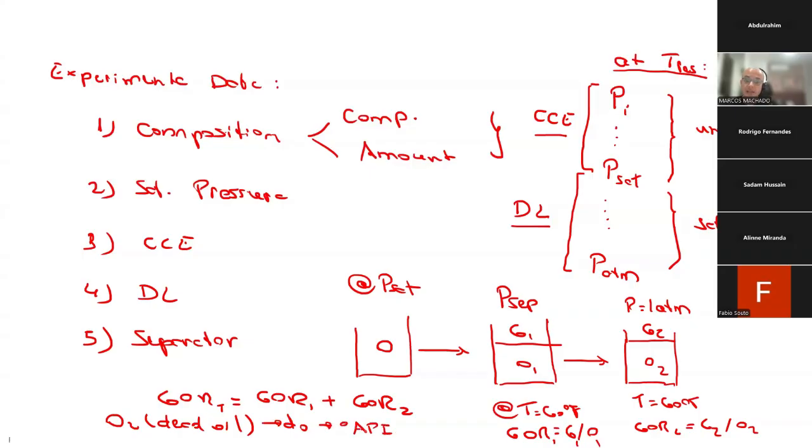Remember, the API is always a measurement of the dead oil. The API does not represent the oil in the reservoir. The API represents the oil at the surface conditions, at room temperature. It's the density of the oil at room temperature, at room pressure. So this is another information that you can get.